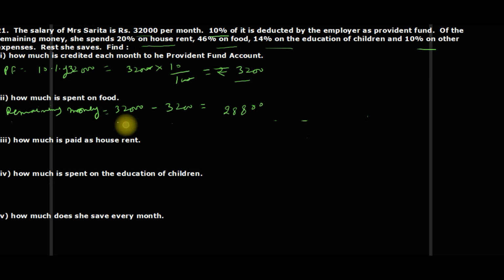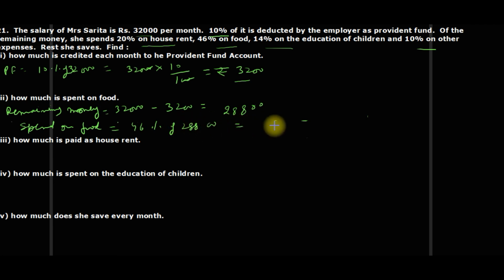Spent on food, 46%, would equal to 46% of 28800.